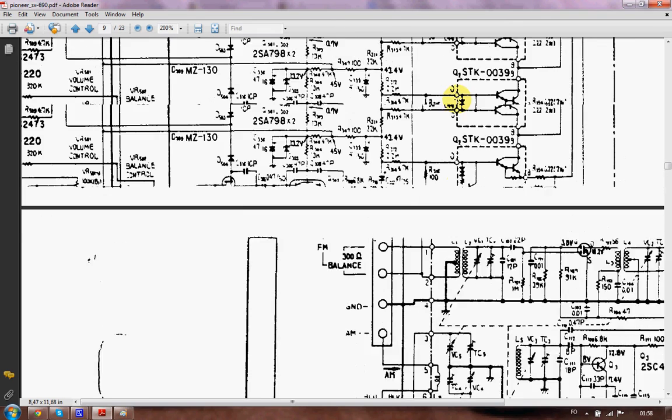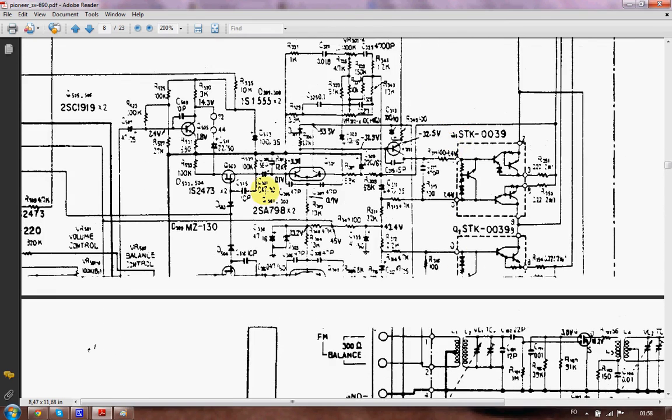So if you're thinking, where the hell do I find this very component on my circuit board, which doesn't look anything like this diagram?